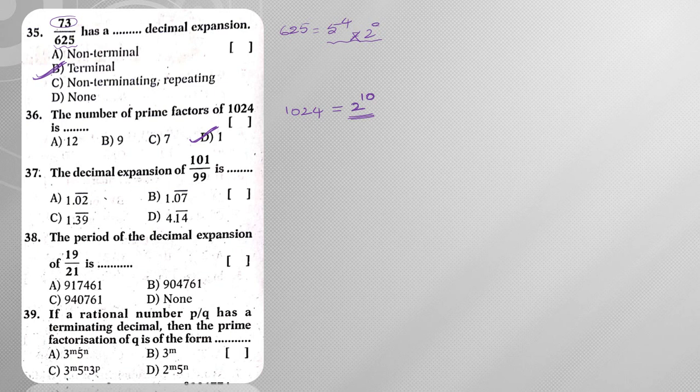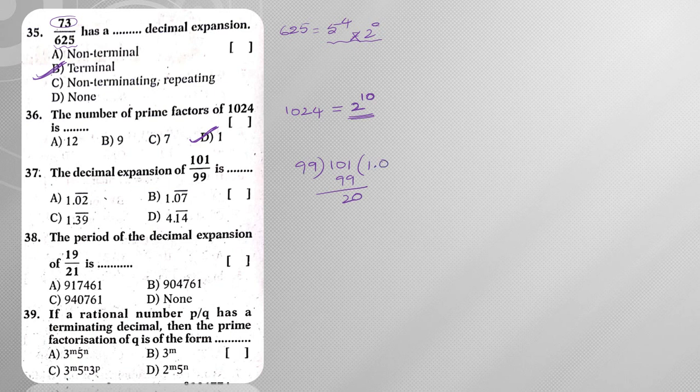Next, the decimal expansion of 101 by 99. Sorry, not prime factorization, we need to find the decimal expansion. So for that what should we do? 101 divided by 99, so 99 ones are 99, then I will be left with 2. Here we consider 10, but with 10 we don't have any possibility.